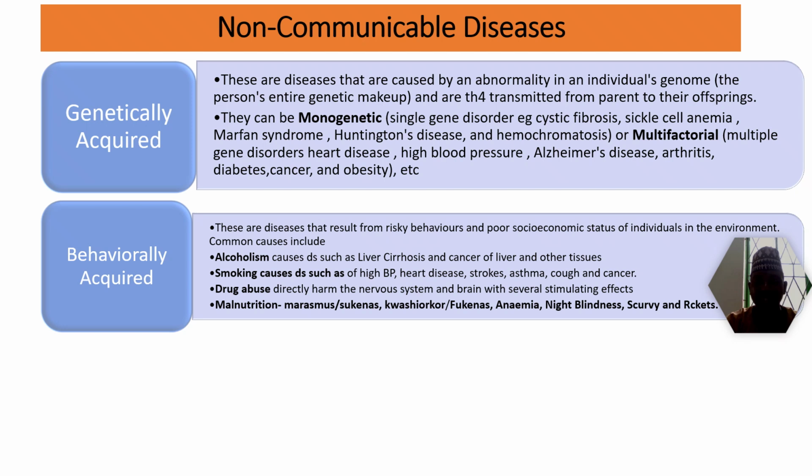Another example is kwashiorkor. This one is another deficiency disease, which is also as a result of deficiency of protein, leading to cracking of the skin, descaling, loss of appetite, vomiting, weakness, and also loss of immune power, frequent diarrhea.